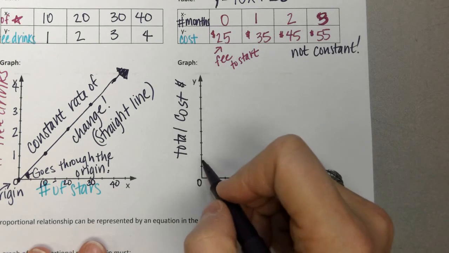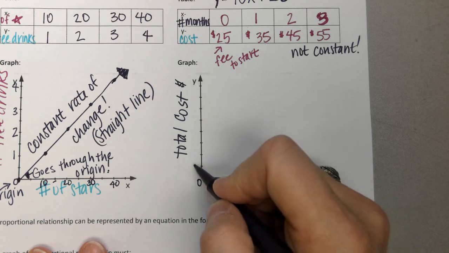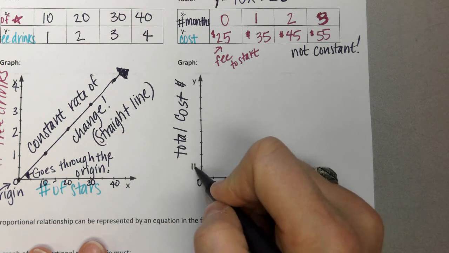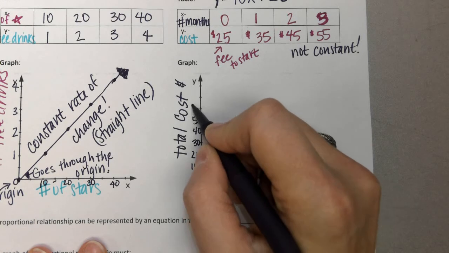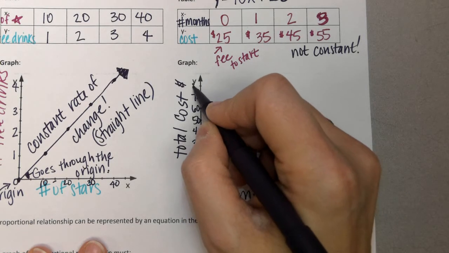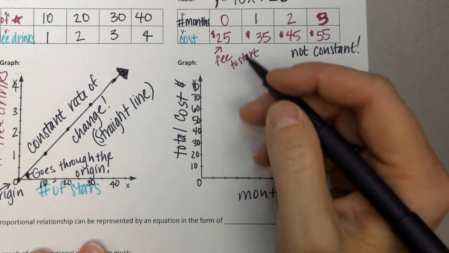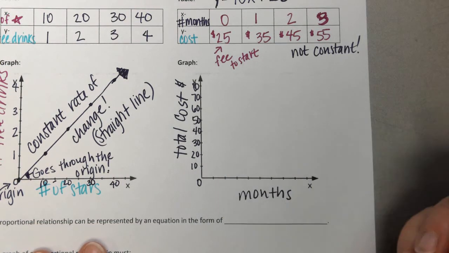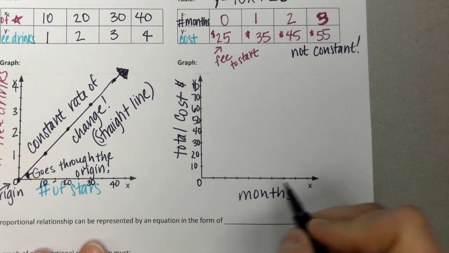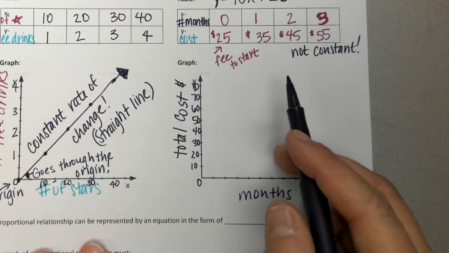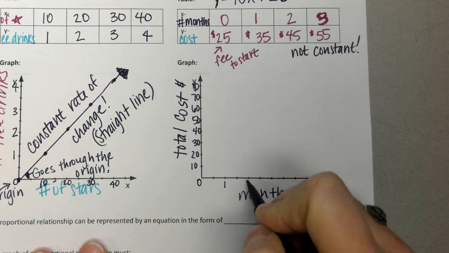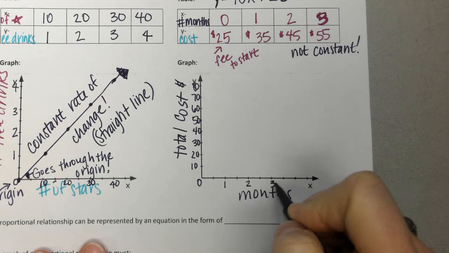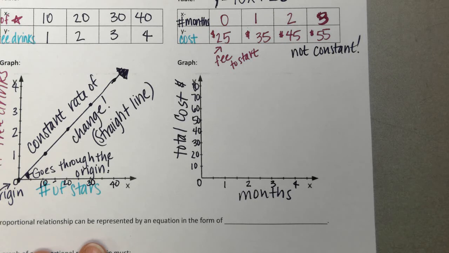Since we've got to go to 55, we're just going to take each one as 10. 10, 20, 30, 40, 50, 60, 70, 80. We're not going to go up to 80. We're only going to stop at 55, but you get the gist. Since we only have 3 months that we're really doing here, we can skip a line, just to spread it out some. 2, 3, 4. We don't need the 4, but you see what it would be.